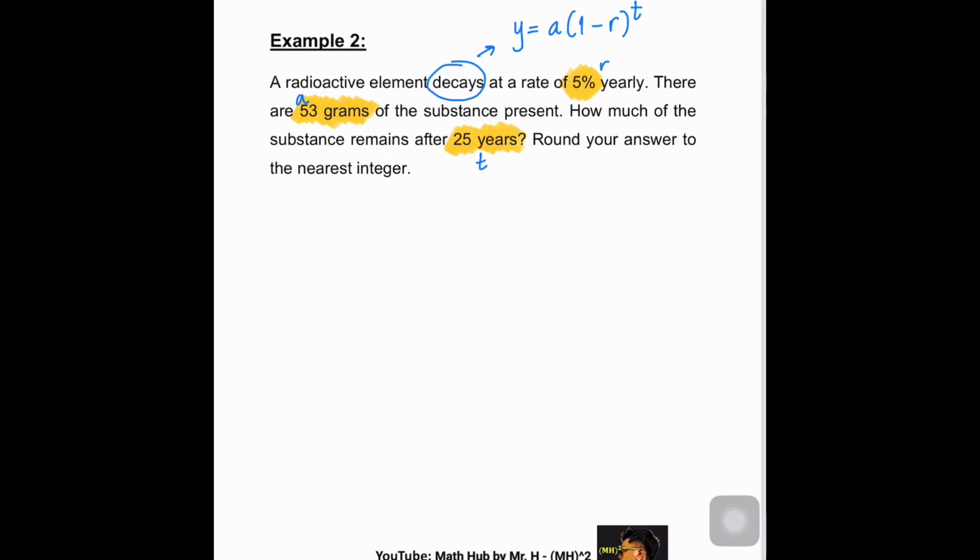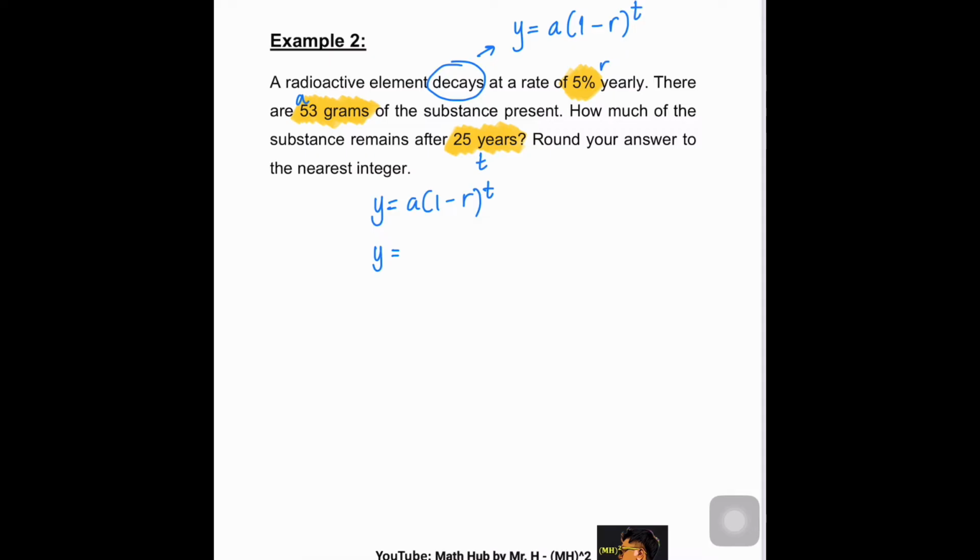After identifying the given information, we're ready to plug into the formula. We have y equals a times (1 minus r) to the power of t.